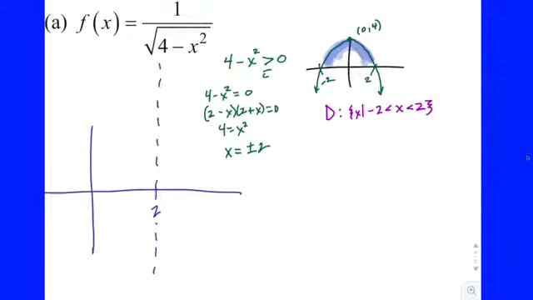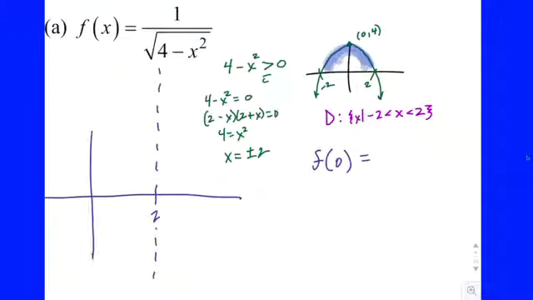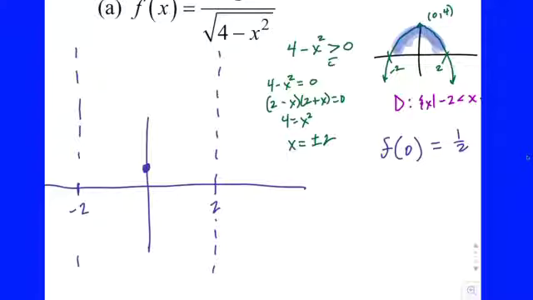Yeah, you don't want to just plug in arbitrary values, but you could make a table of values, F of 1, F of 2, plot them and connect the dots, but judiciously we choose values like X and Y intercepts. So if you plug in a 0, which is in the domain, you're going to get 1 over the square root of 4, which is 1/2, okay? So that gives me a little bit of information. I'll just label that as 1/2.